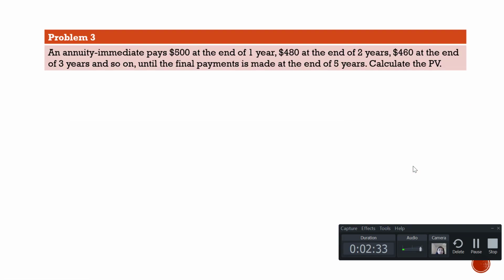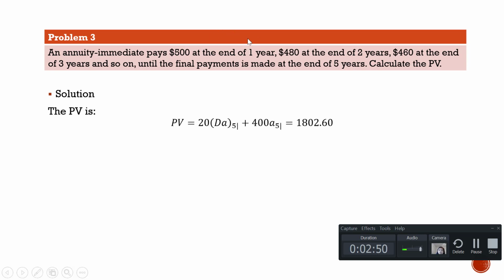Problem number 3. An annuity immediate pays 500 at the end of year 1, 480 at the end of year 2, and so on, until the final payment is made at the end of 5 years. Calculate the present value. You see the common difference here is 20, and this is decreasing.